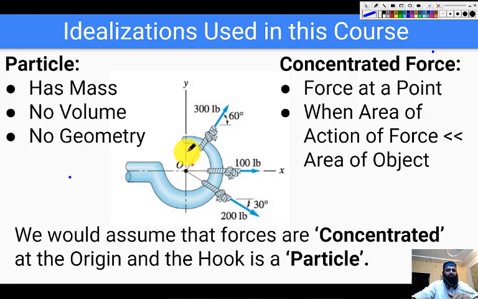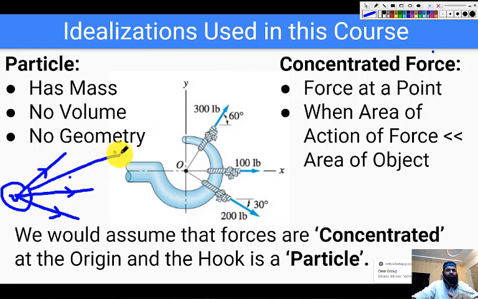So if we look from far away, the hook would look something like this. This is my hook, and these are the three wires connected to three ropes connected to the hook. But if I were to zoom in on this area, I would see that the hook has a definite volume and a shape, a geometry.